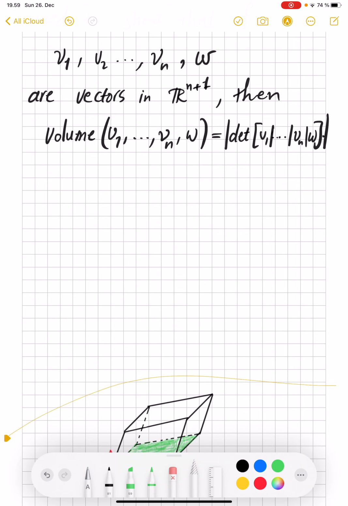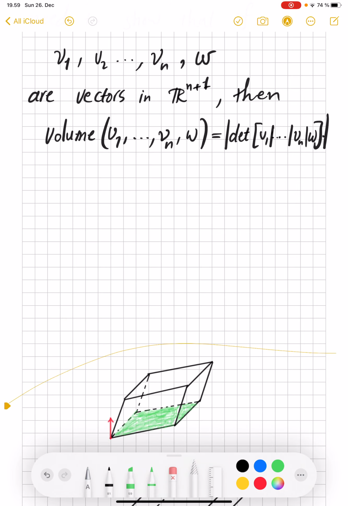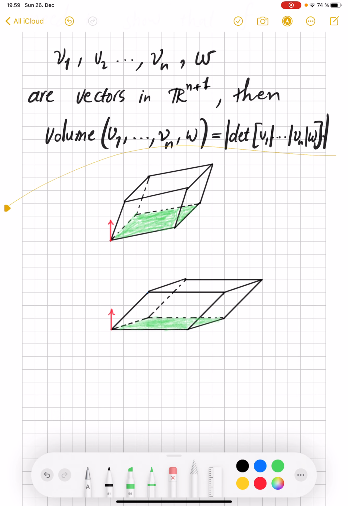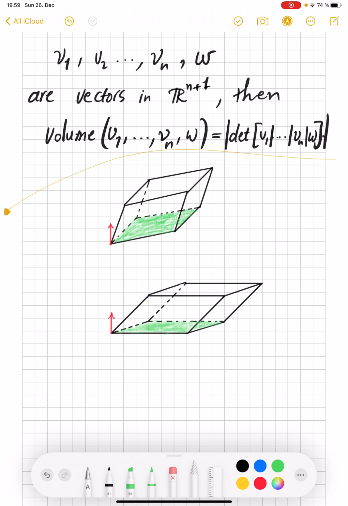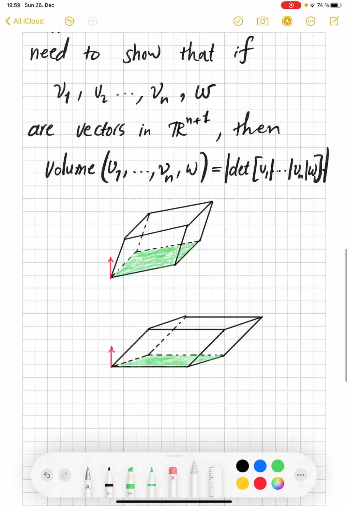I think actually it's time for us to talk about these pictures. So this situation is as follows. We are in Rn plus m in this picture. And we have the vectors v1, v2 is going that direction, and w is the vector here. So you want to compute the volume of this parallelepiped and prove that it's equal to that determinant.